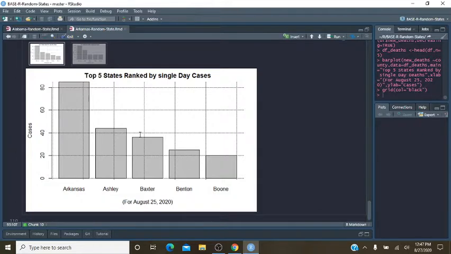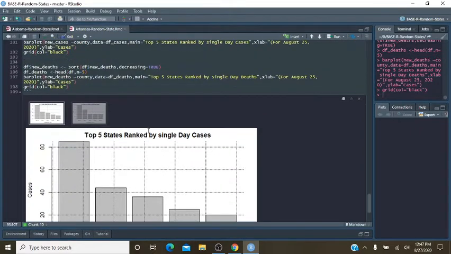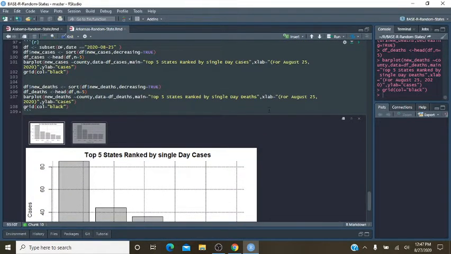Okay, here we go. Now we have the top 5 states for the single day total cases of August 26th.